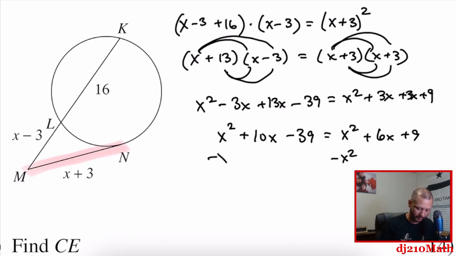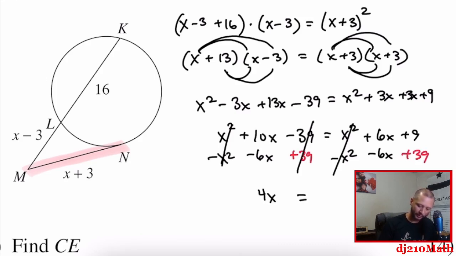Minus x squared, that's nice, cancels. Minus 6x, plus 39, plus 39. We're going to get 10 minus 6 is 4x. That cancels. 9 plus 39 is 48.